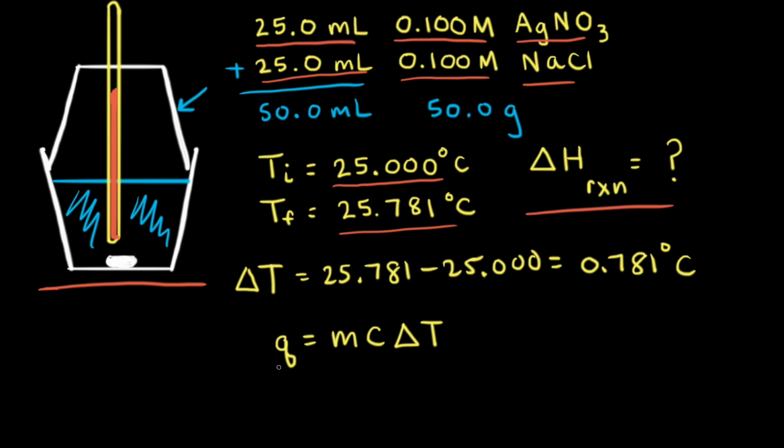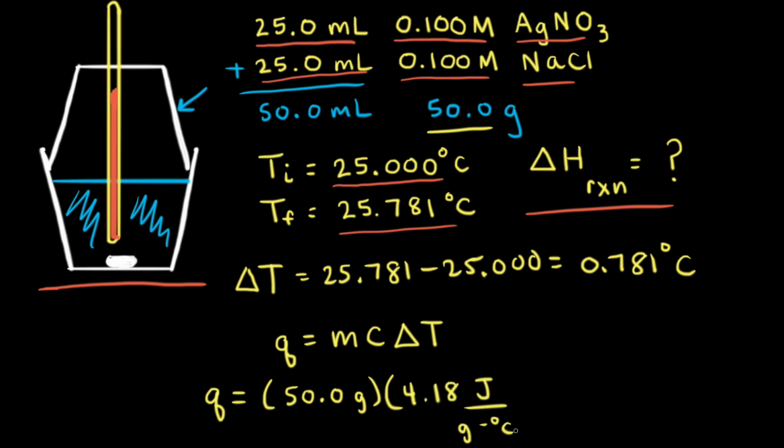Next, we need to solve for the heat gained by the water, and we can use the q equals mc delta T equation. So we're solving for the heat, which is symbolized by q. m is the mass of our solution, which we saw was 50.0 grams, so we can plug that in. We can assume that the specific heat of the solution is the same as the specific heat of water, which is 4.18 joules per gram degrees Celsius.